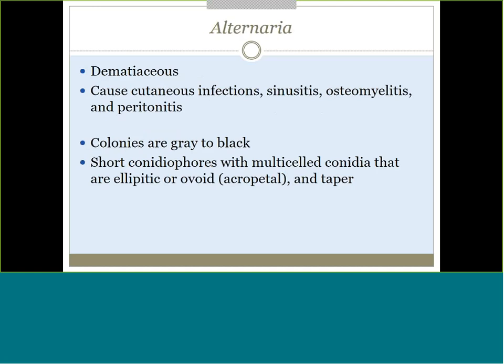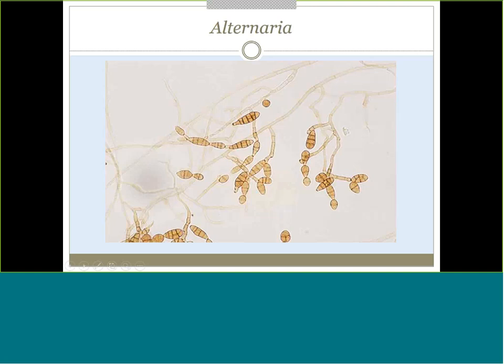And the one that you need to know out of here is Alternaria. So this has definitely got a pigment to it, so it's in that Dimorphic category. It does cause cutaneous infections along with some other stuff. Its colonies are gray to black because, again, it's pigmented. As far as under the microscope goes, it has this very unique look, and they call it an acropetal, in which it's kind of elliptic or oval, and then it tapers, kind of like almost like the Microsporum canis, but just a slightly different way.